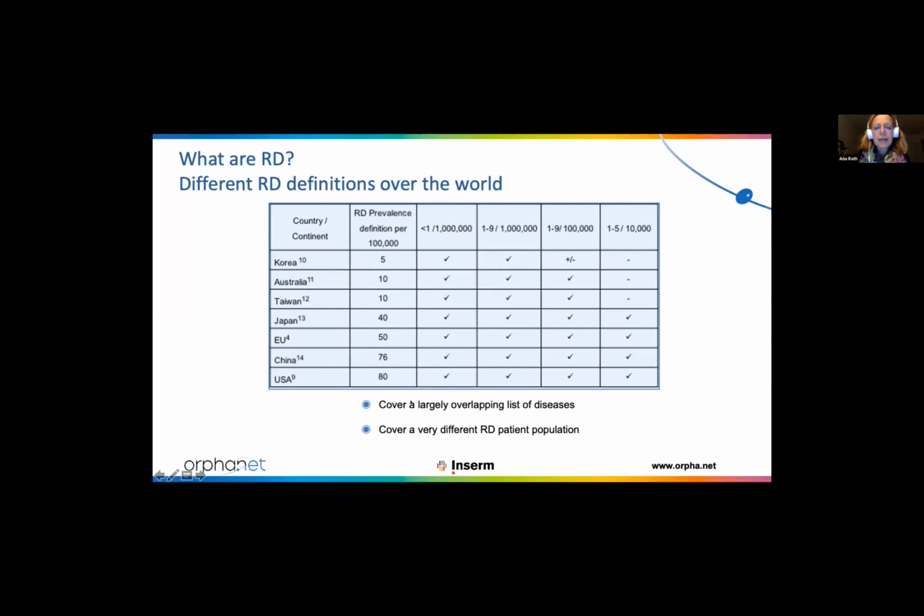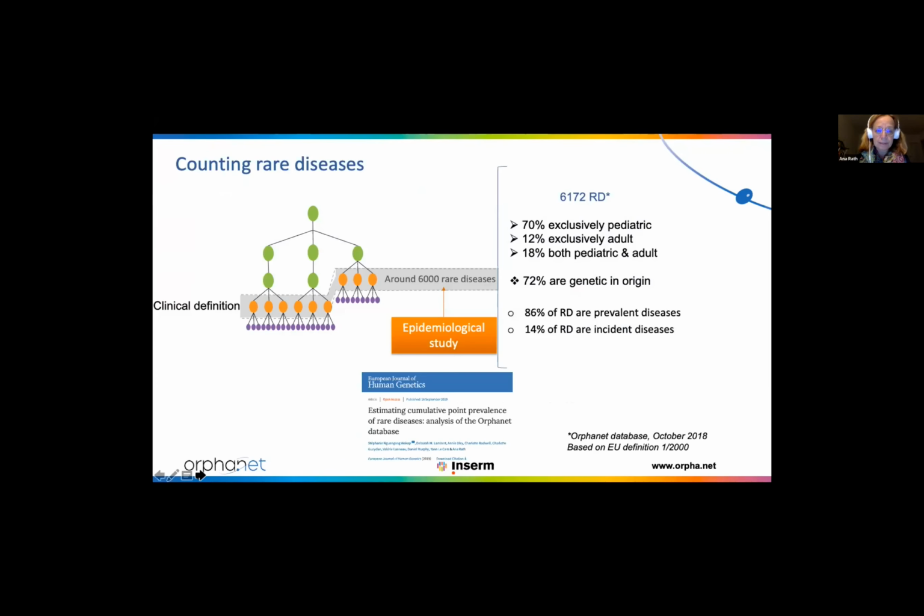The consequence of that is that all the countries, all the regions in the world share a largely overlapping list of diseases. But as you will see in the next slide, they cover a very different population of rare disease patients. How many rare diseases are out there?